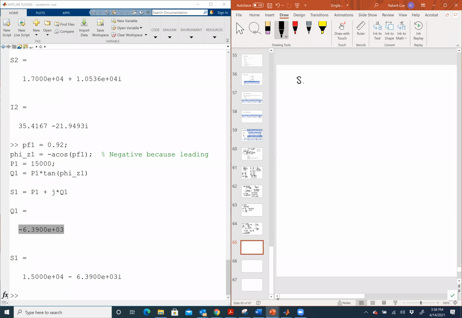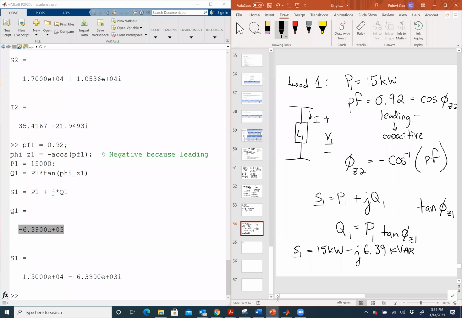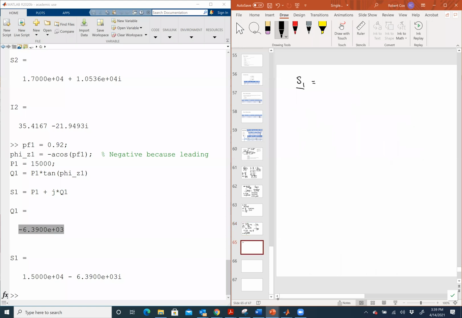So S1 equals what? I can go back to my summary slide if I'm not sure, right? S equals V times I conjugate. So what I have there is S1 equals V1 I conjugate, like that. A couple of different ways we could solve: two equations, right? One equation for the magnitude, one equation for the angle, or I can do them all at once.